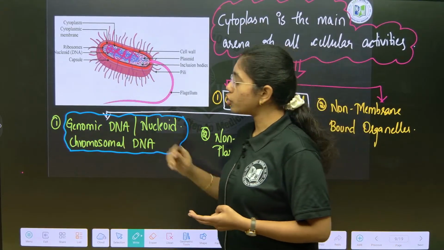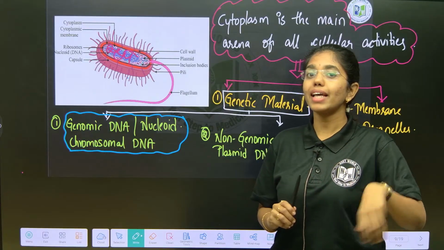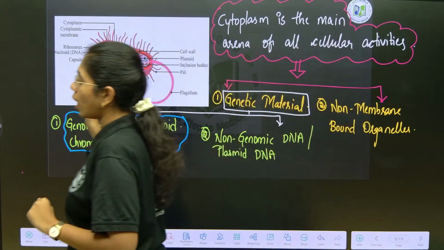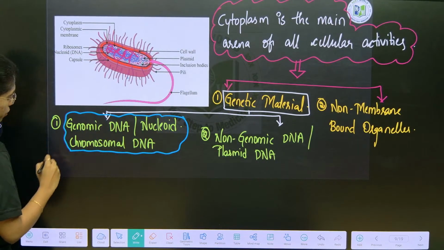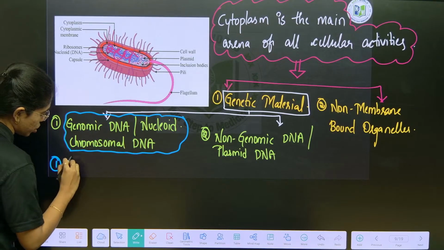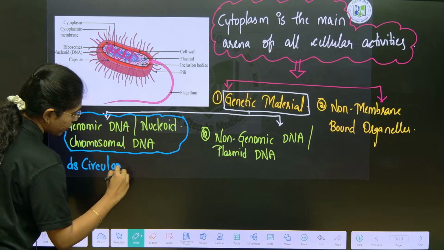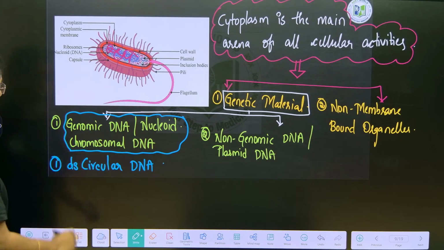This genomic DNA takes care of all the metabolic activities that happen inside the bacteria. So, what is the first and foremost point? The composition is double-stranded circular DNA. Is there any positively charged protein bound to it?